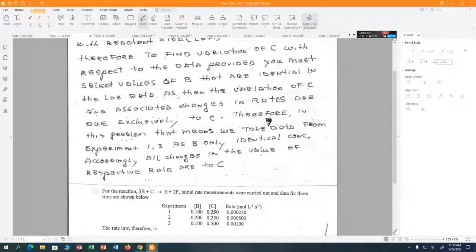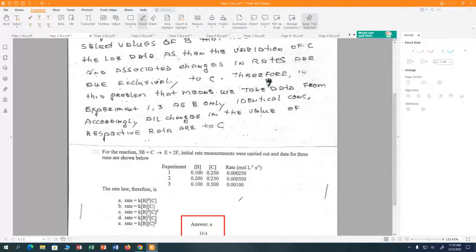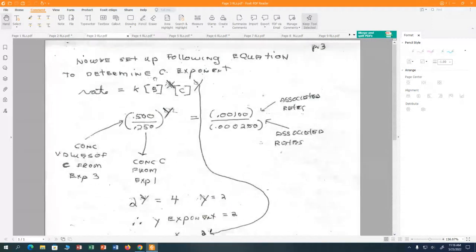Okay, so if that's the case, we now need to determine how we calculate this. We have the answer here, but we need to go to the next page to determine the calculations. Now we set up the following equation to determine the C exponent, which is this one.